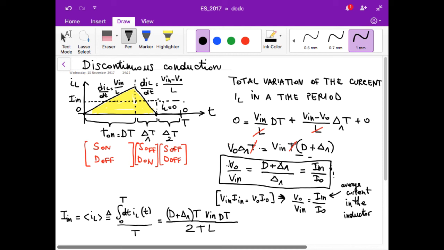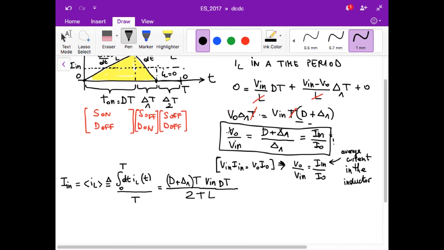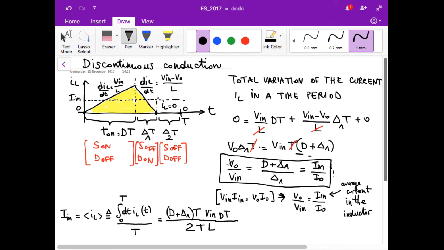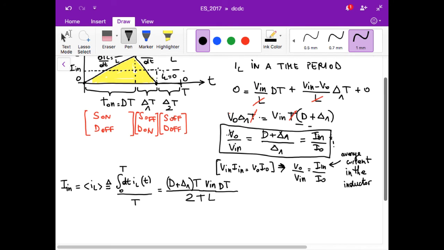Now this is the average expression. We can make some simplifications.